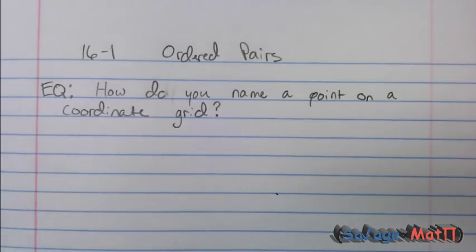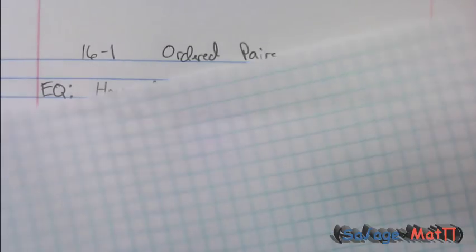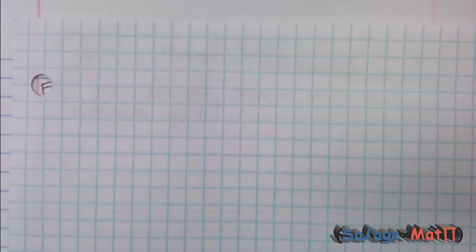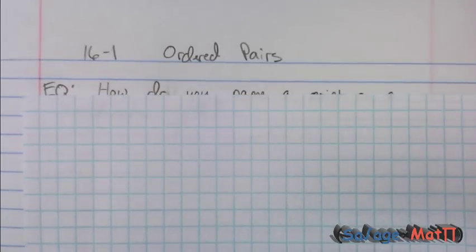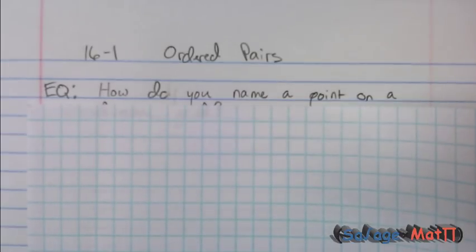Once I'm done with that, I'm going to switch over to my graph paper, and we're going to do our vocabulary words on graph paper today. Then you'll staple the graph paper sideways into your math notebook when we're done.